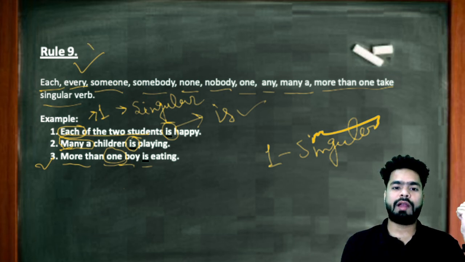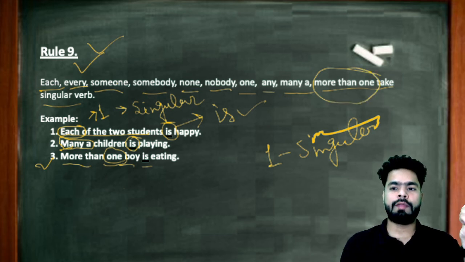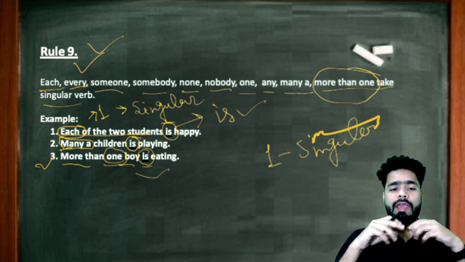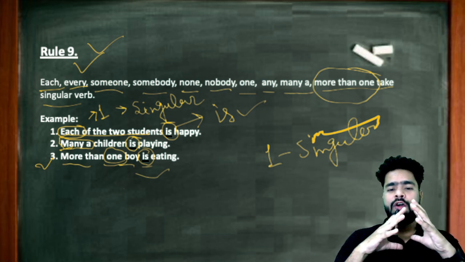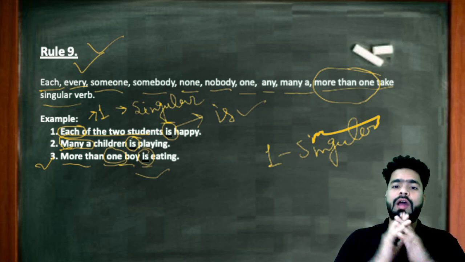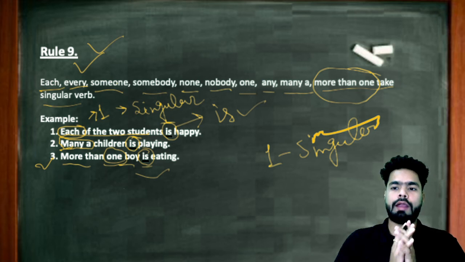According to rule number 9, more than one is always treated as a singular subject and it takes a singular verb, which is eating. More than one boy is eating, not are eating. Clear? You have to keep this in your mind, because we make so many mistakes of subject verb agreement in our daily life and in our writing also.